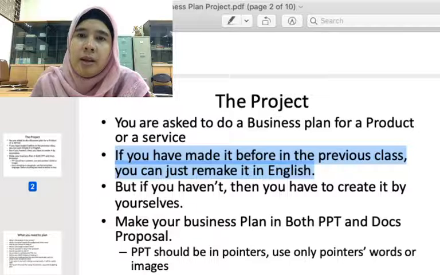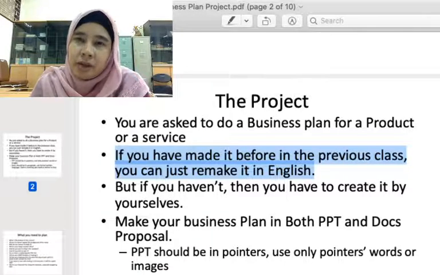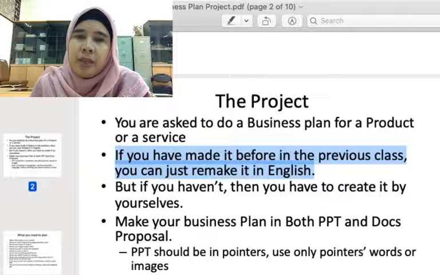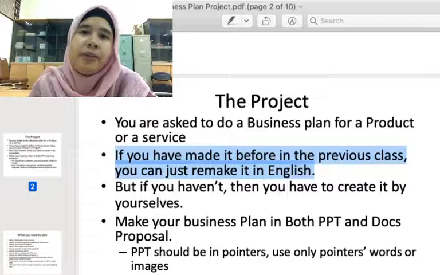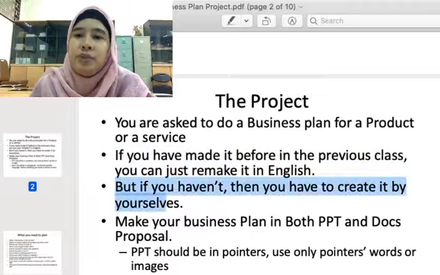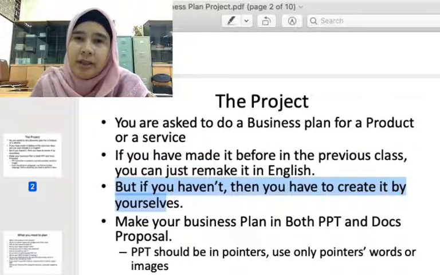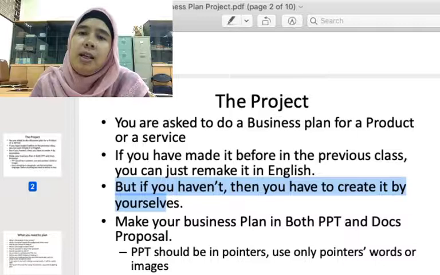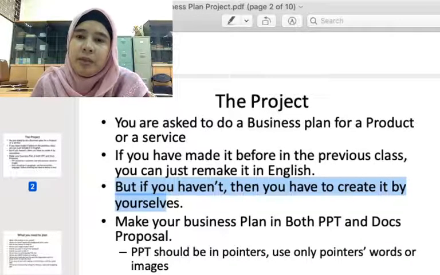You can translate it into English, boleh, silakan ditranslate in English, and make it into the business plan project for this class. But if you haven't, then you have to create it by yourself. Oke, silakan dibuat sendiri. Kalau memang belum ada tugas untuk kewirausahaan, if you don't have the business plan project in your entrepreneurship class, you have to make it by yourself.